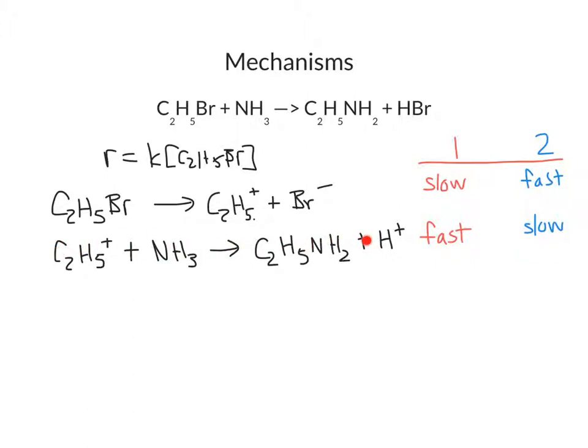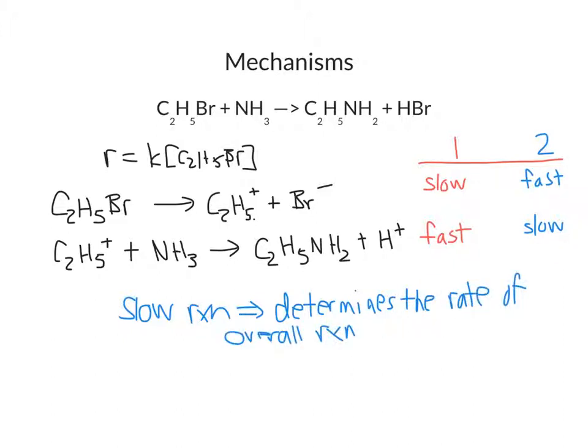It depends more on this slow reaction. So in general, the slow reaction is the one that determines how fast the overall reaction can go. So it determines the rate of the overall reaction. So we call that the rate determining step.